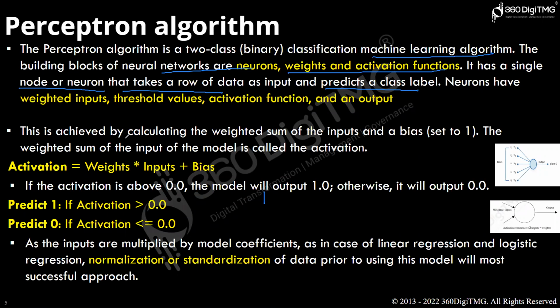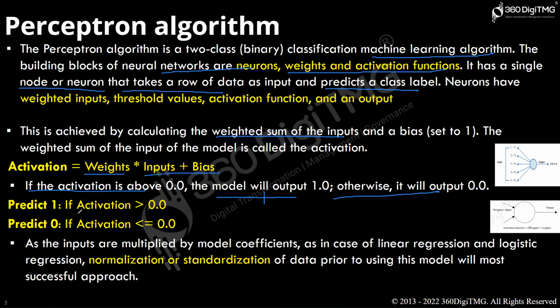This is achieved by calculating the weighted sum of inputs. So we go for the activation function: weights times input plus bias. If the activation is above 0.0, the model will output 1.0. Otherwise, the output will be 0.0.